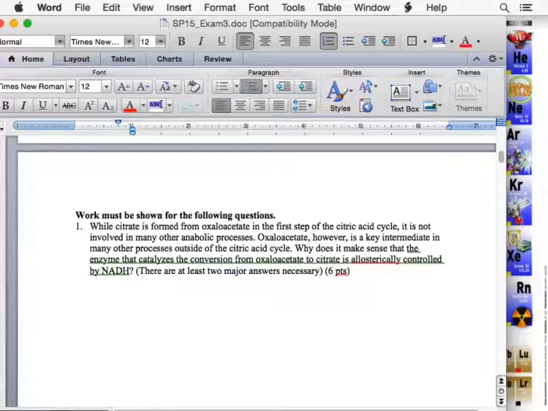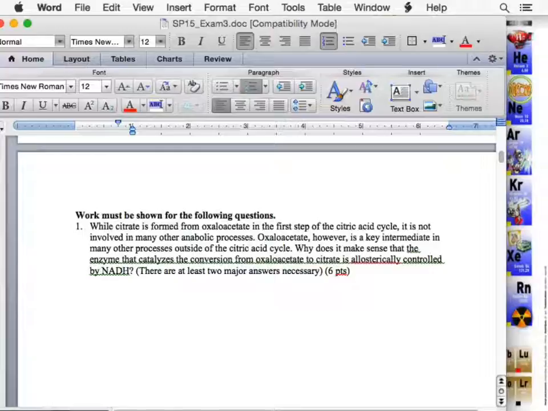Citrate isn't involved in a lot of other anabolic processes, so you wouldn't want to form it unless you want energy. Krebs cycle isn't just energy. The molecules made within the Krebs cycle can be used elsewhere. Citrate, according to the question, isn't used. Oxaloacetate is.